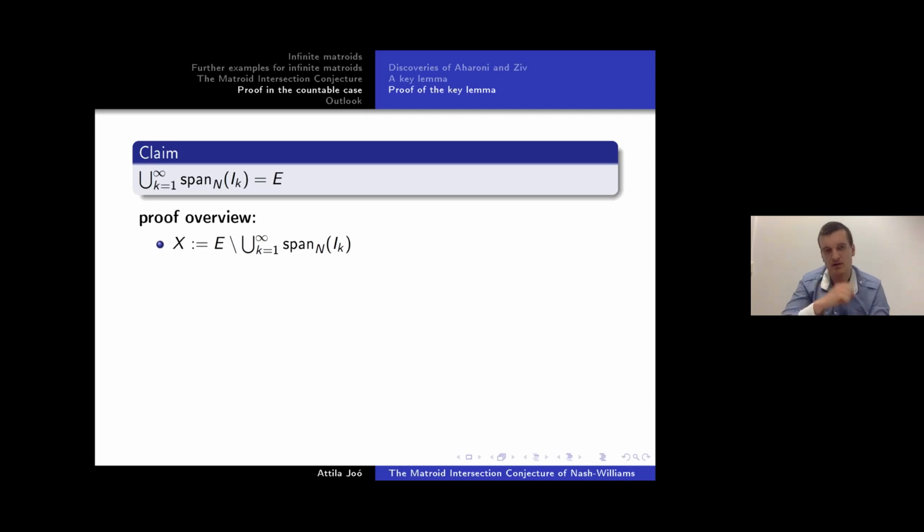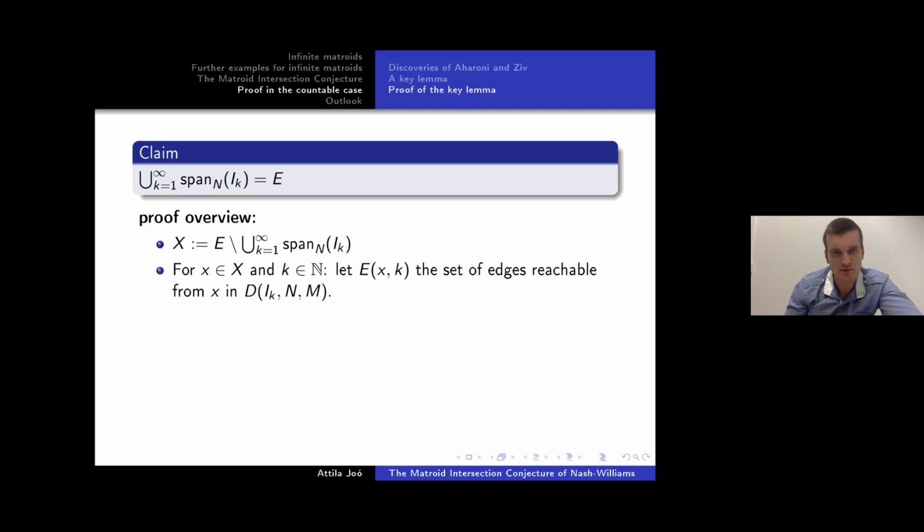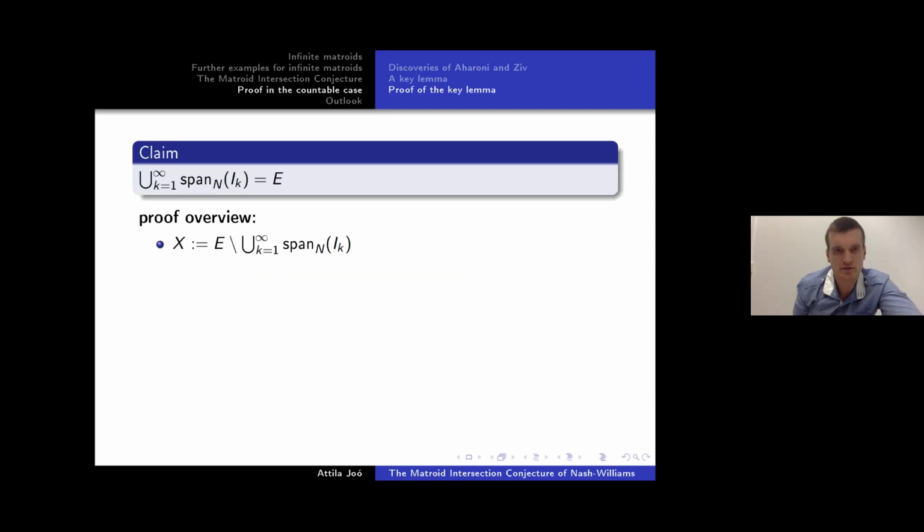Okay, so let's see an overview of the proof. We define this X, which we want to be the empty set. First of all, we let X be the whole edge set minus this union.